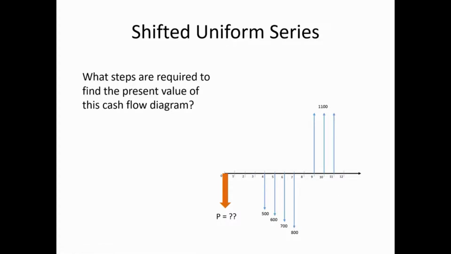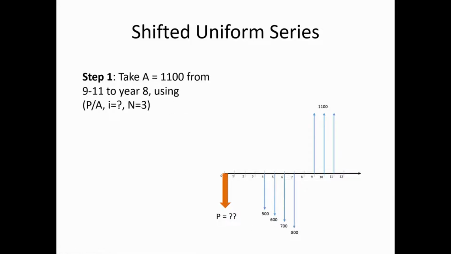Let me show you a way that we could use the table method to bring all of these amounts to the present. In one step, we'd take this annual series to the present.